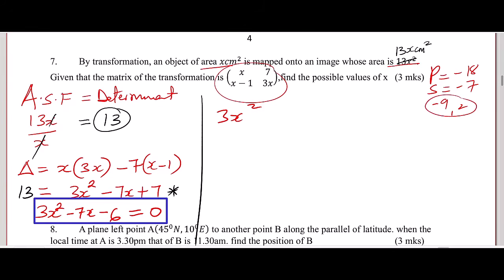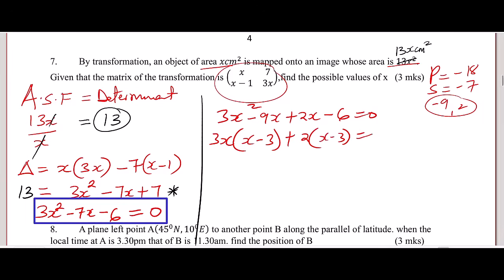So 3x squared negative 9x plus 2x subtract 6 is equal to 0. Factorize this. 3x is common. So we have x subtract 3 plus 2, and then this is x subtract 3 is equal to 0. So you have 3x plus 2, x subtract 3 is equal to 0.